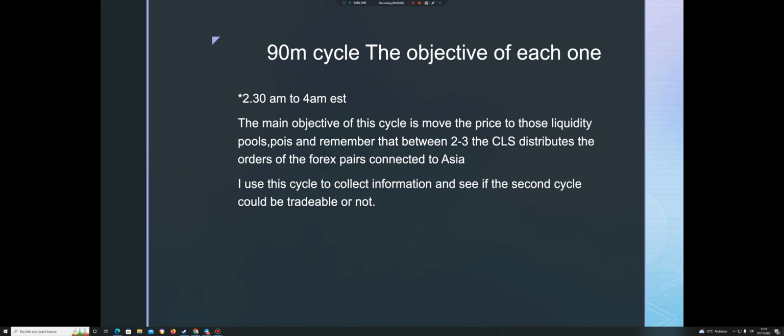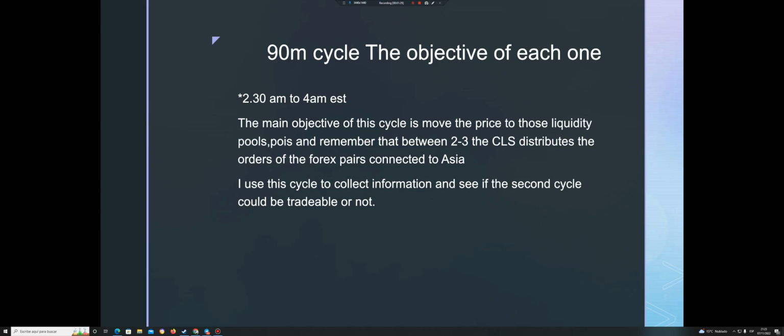I mostly use this cycle to collect information and see if the second cycle could be tradable or not, because like I said, between 2:30 and 4 you won't see, maybe sometimes, but most of the time you won't see a lot of volatility, because CLS is focusing on those Asian forex pairs.